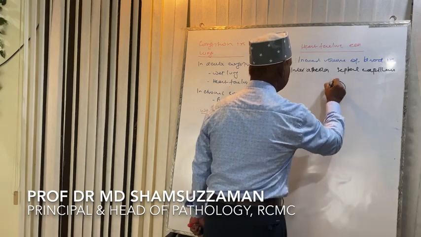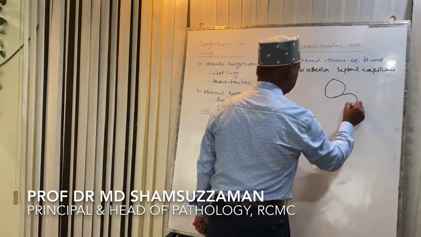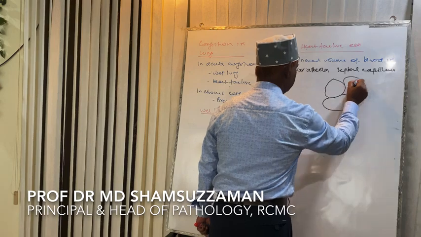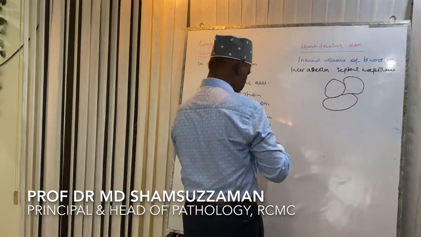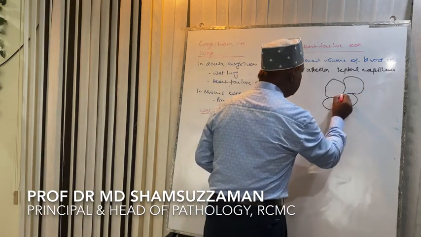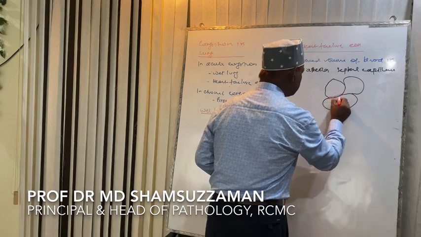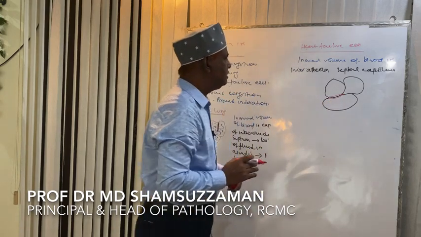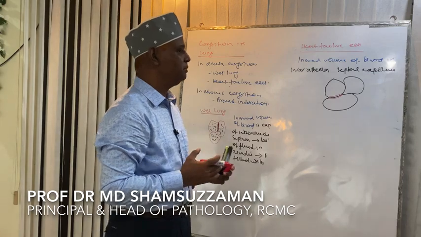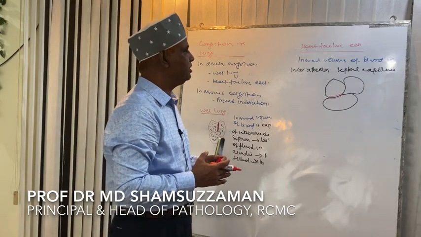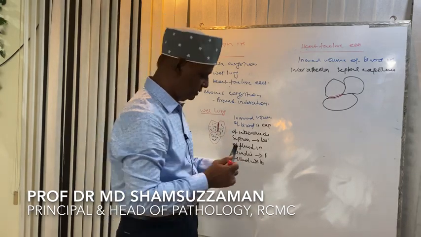Suppose this is the alveoli, this is another alveoli, this is another alveoli, and this is the interalveolar septum. Within this interalveolar septum there are capillaries, and the capillaries are filled with increased volume of blood.